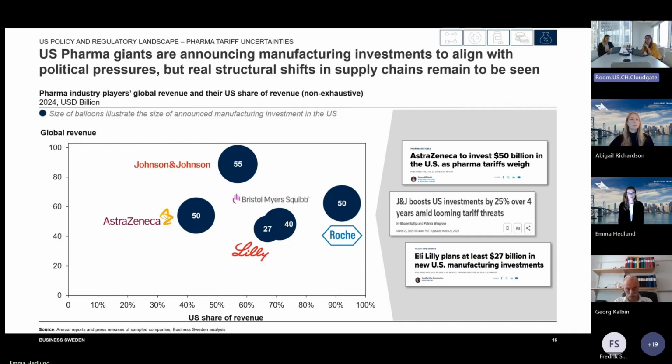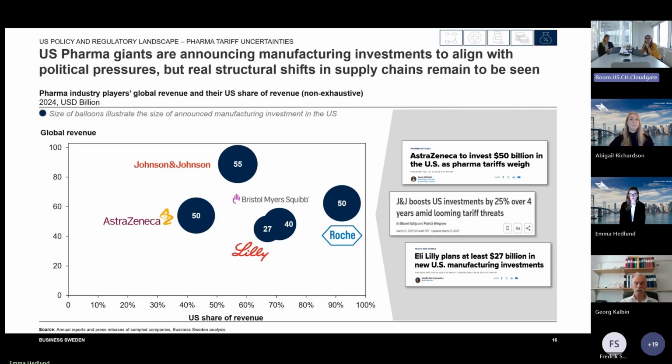Abigail had mentioned the Swedish ones, but we also see Eli Lilly, Bristol Myers Squibb, Roche, so also other companies making very large investment announcements. What's interesting is that some of these companies repeat the same announcement a couple of months later. So there is definitely an effort to showcase and re-showcase the investment companies are making, due to the pressures they're receiving from the administration.